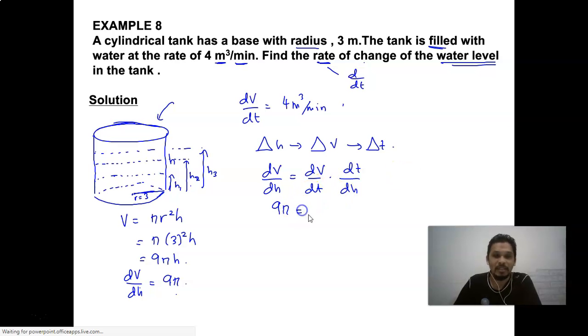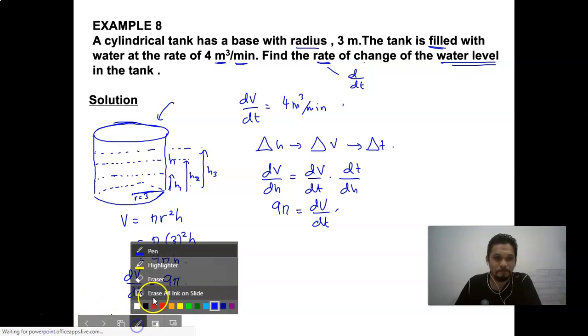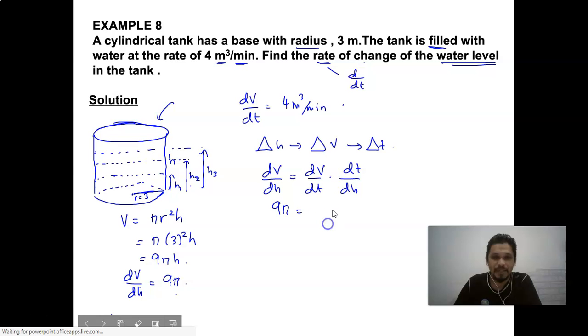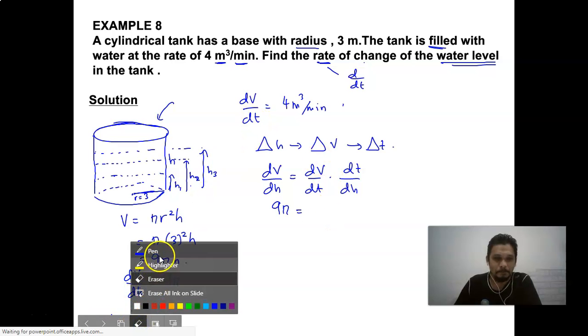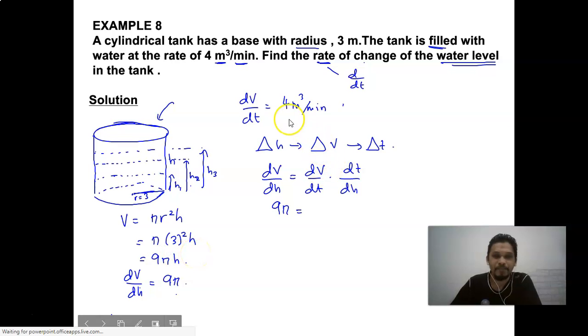And dV/dt, the change of volume with respect to time, I thought was not given, but sorry, I didn't realize that. dV/dt, the rate of filling of water at 4 meter cube per minute, is given here, which is 4. And dh/dt is not given.